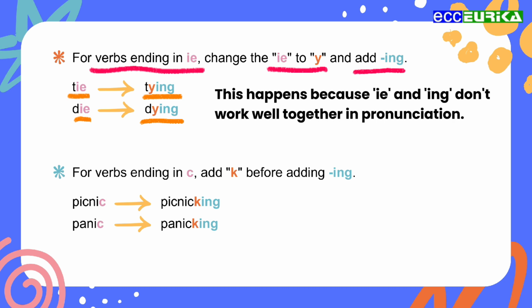And the next is if a verb ends in C, we add K before adding ing. For example, picnic becomes picnicking. Panic becomes panicking.